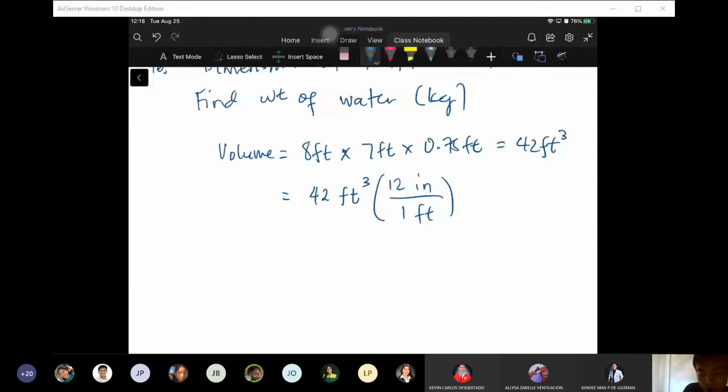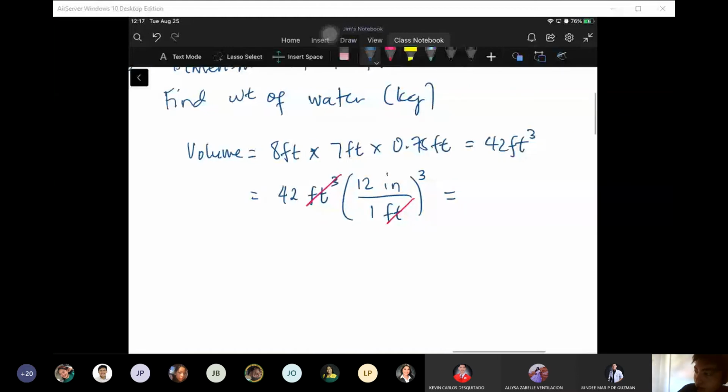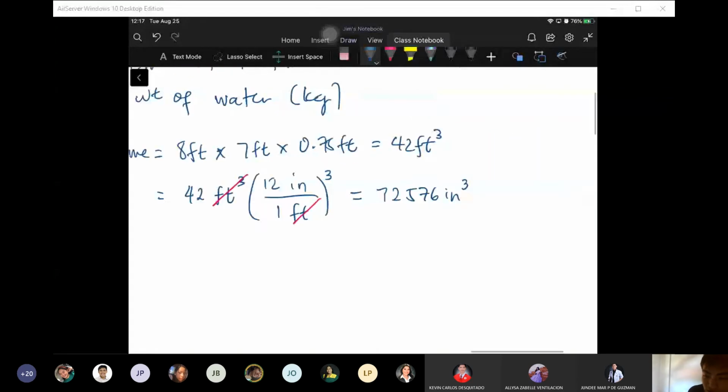No? So, cube. By doing that, magka-cancel ito and ito. So, they will cancel out. 42 times 12 cube. Kopyahin muna natin lahat ng number. 72576 cubic inches. Okay, so we're not done yet.